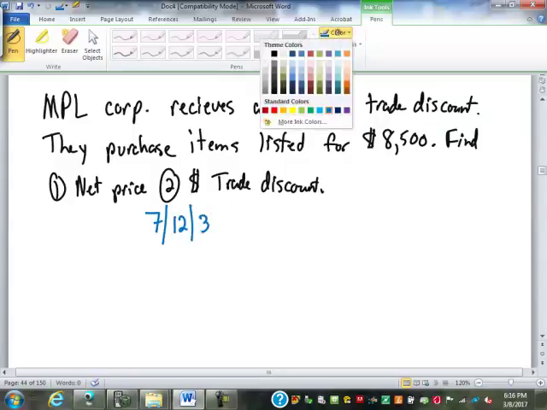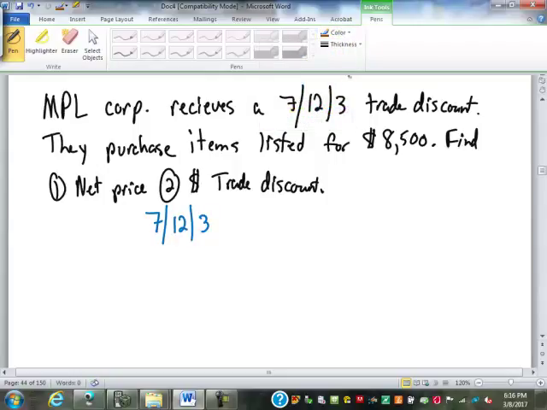So we start with that chain discount, trade discount of 7/12/3. What are we going to do with it? So 7, yes, 100 minus 7 is 93. So that becomes 0.93. 100 minus 12 is 88, so that becomes 0.88.